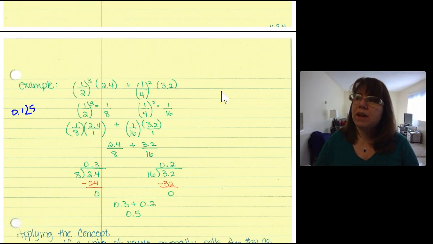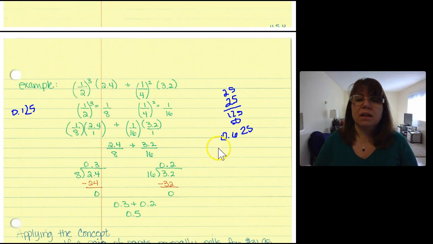And 0.25 times 0.25, let's see, that's going to be 5, carry the 2, is 12, 0, and it's a 5, that's 6, so it's 0.0625. Then I can go through and do the multiplication. I'll still get the same answer.